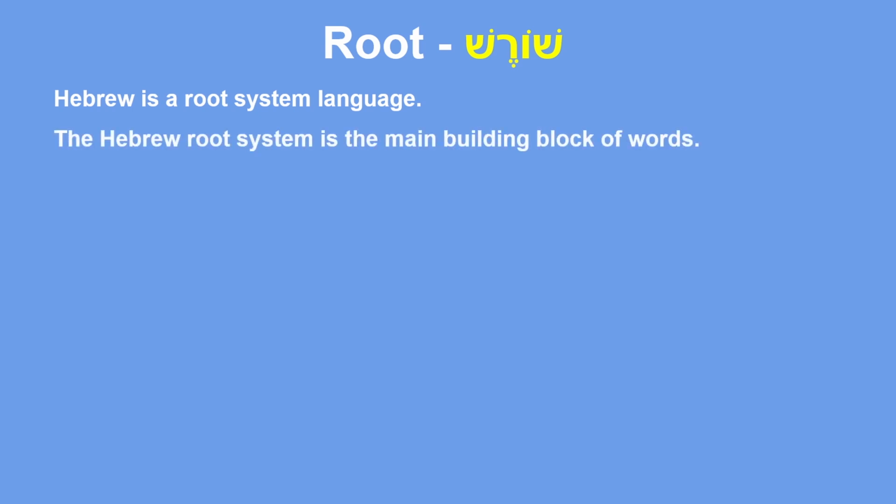The Hebrew root system is the main building block of words. The root contains an image, an idea, but not a word. So shoresh, root, can be applied to nouns, adjectives, verbs, adverbs, etc. And you might encounter a lot of words that have the same root.